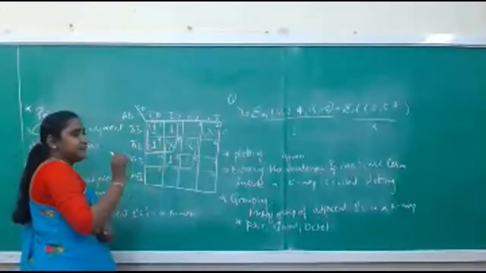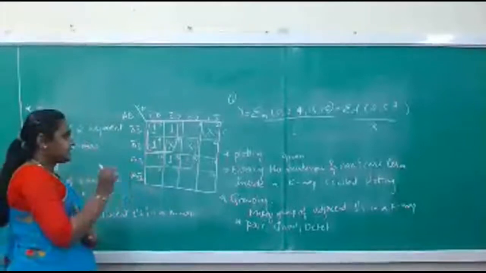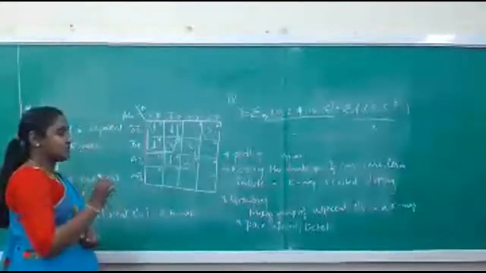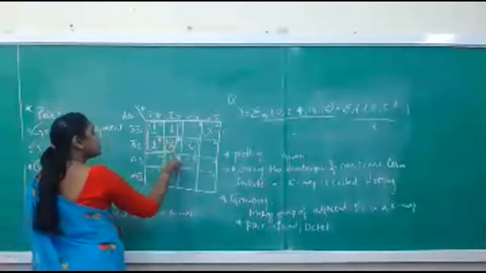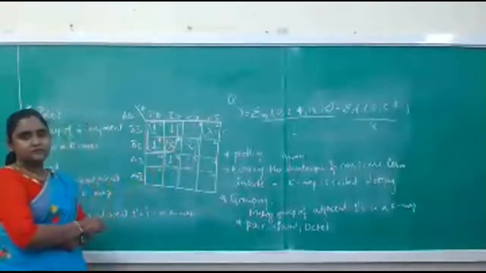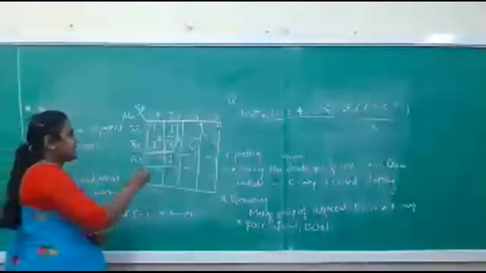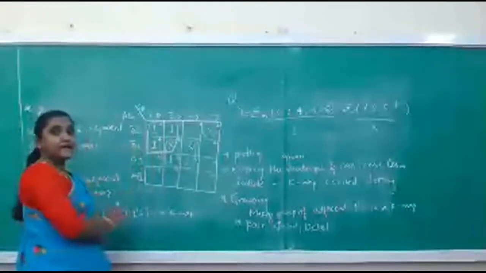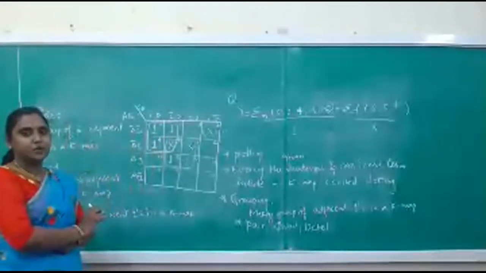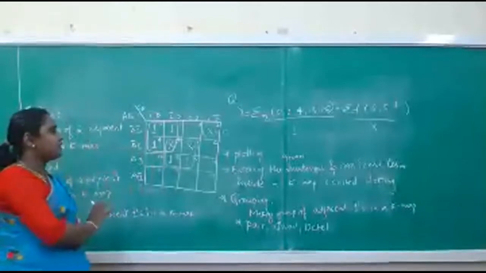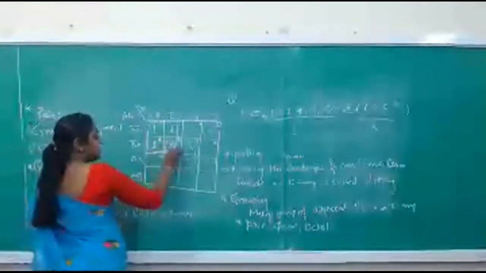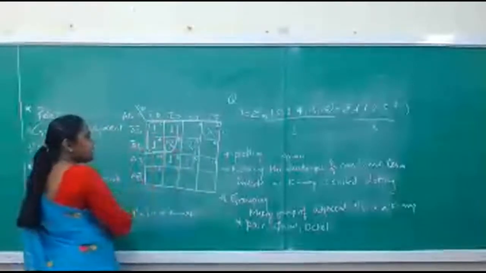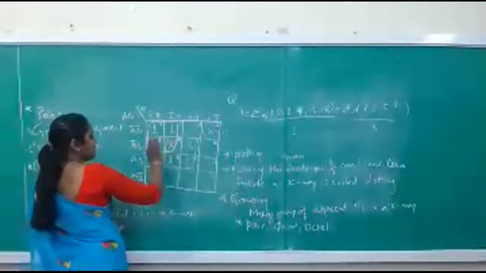Next, redundant bit. What is the meaning of redundant bit? This is called a redundant bit because it appears in both the groups. The bits which appear in more than one group are called redundant bits.